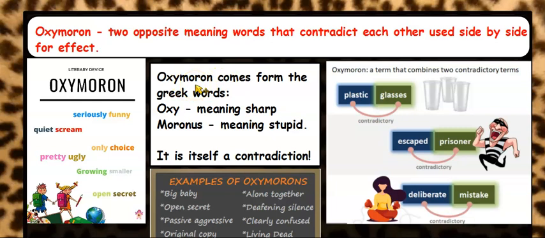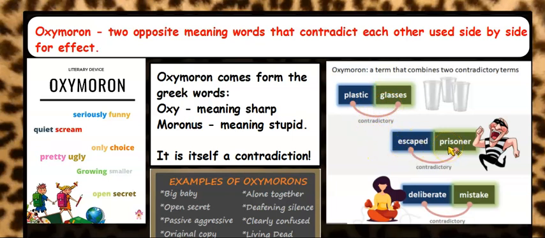Let's have a look at a few more examples so that you get the idea. Plastic glasses. Now, if something's plastic, it can't be glass, can it? You know what it means. You know that glasses that you use for parties may be plastic, but the very term plastic glasses is an oxymoron because those two words contradict each other. Let's have a look at another.